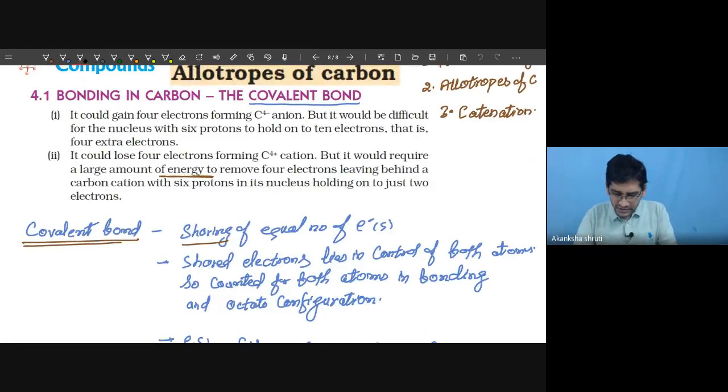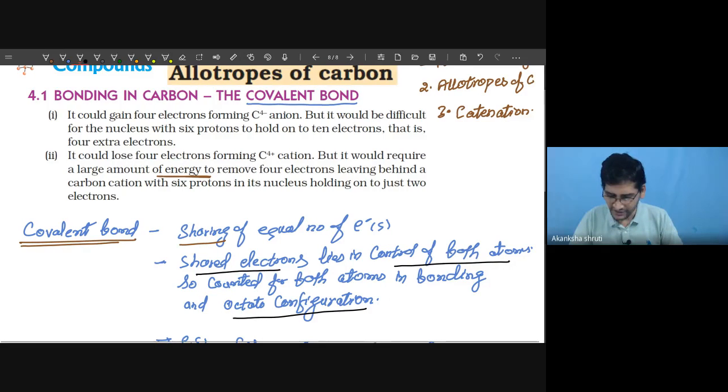Student, regarding covalent bond, it is formed by sharing an equal number of electrons between the two atoms. That is one thing. These shared electrons lie under the control of both atoms. Therefore they have to be counted twice, with each of the atoms, for considering their bonding type like single, double, triple, and the stable configuration like octet or duet.